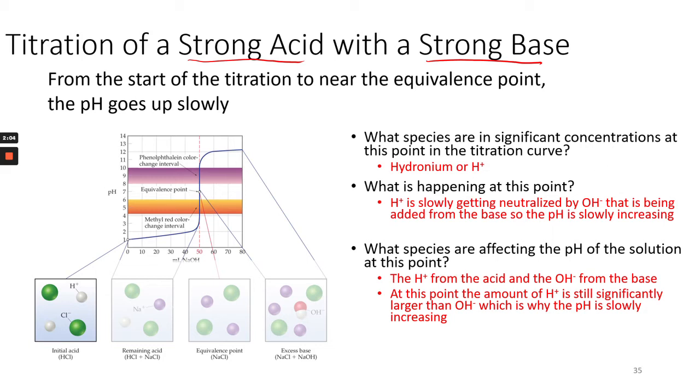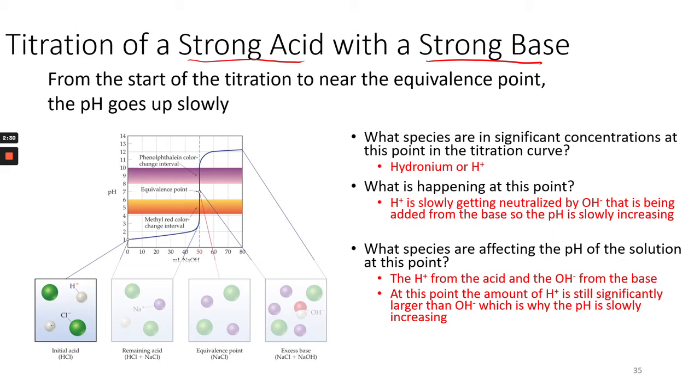At the beginning, you have just your strong acid, so you have a lot of hydronium in there. And then you're dripping the base in. So the hydronium is slowly getting neutralized by the hydroxide that you're dripping into the solution. That is why the pH is slowly increasing, because you are slowly neutralizing some of these H+ that are floating around in here.